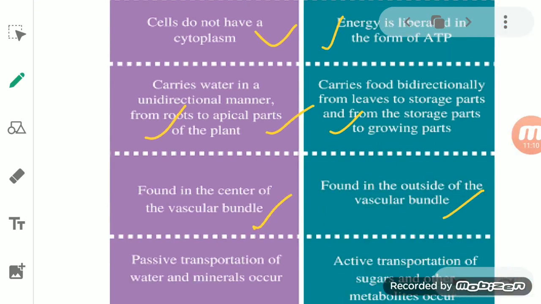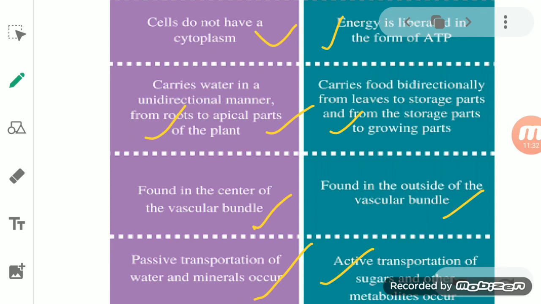Now if we see here, passive transport of water and minerals occurs, and here active transportation of sugar and other metabolites occurs. Passive transportation means there is no need of energy. So this movement occurs without any need of energy in the case of the xylem.